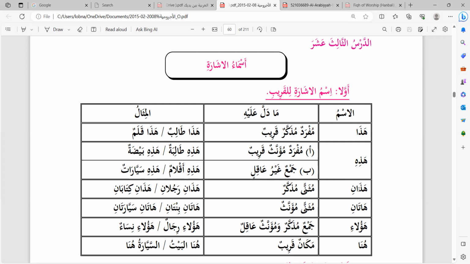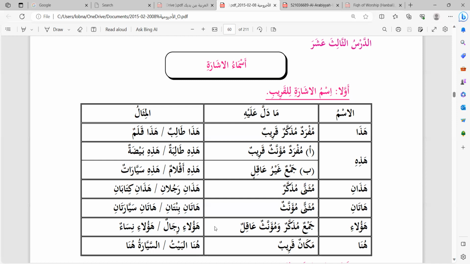So again, we have masculine and feminine. هؤلاء is these. جمع, it's plural. مذكر, you'll use it for the masculine form, ومؤنث, and the feminine form. عاقل, obviously use it for somebody who's like a person. So you'll say هؤلاء رجال. هؤلاء نساء. These men, these women.